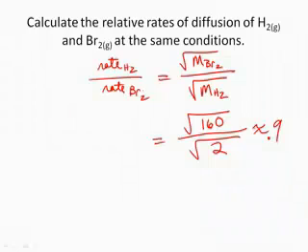Usually when I do these problems and I'm comparing rates of diffusion, I will do the rate of the smaller molecule over the rate of the larger molecule. That way, the ratio that you get is going to be a number greater than 1, which means that's how much faster the smaller molecule moves than the larger molecule.